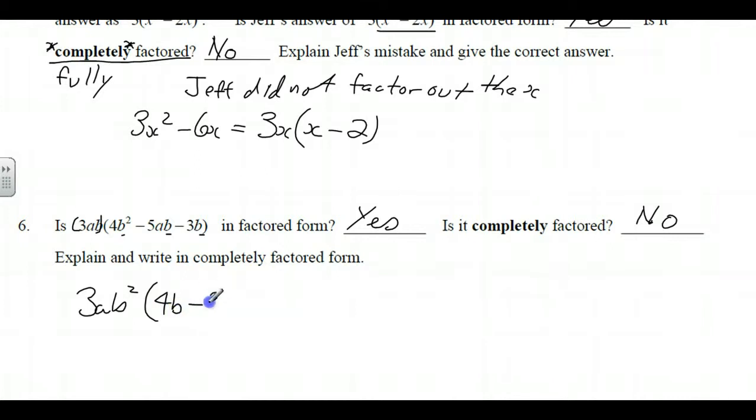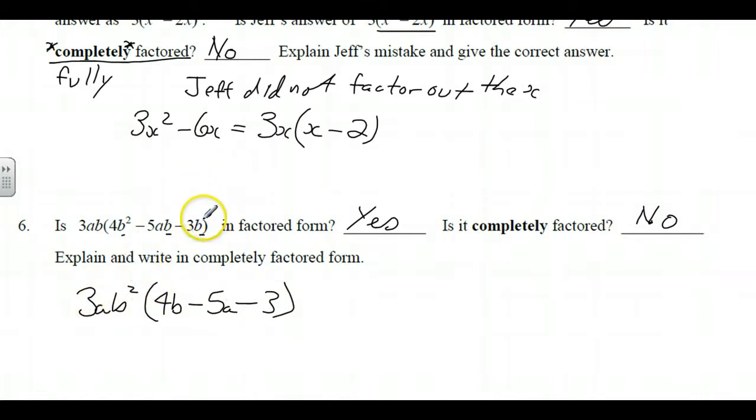Now again, if you think about, all right, I want to multiply this out to check, then you're going to get 3 times 4, you get 12ab cubed, minus 15a squared b squared, minus 3 times 3 is 9ab squared.